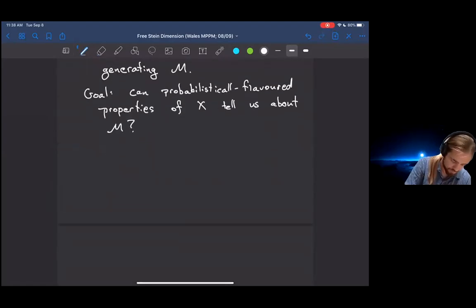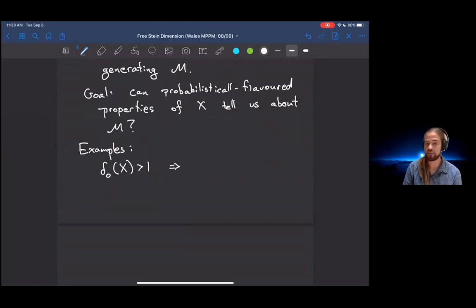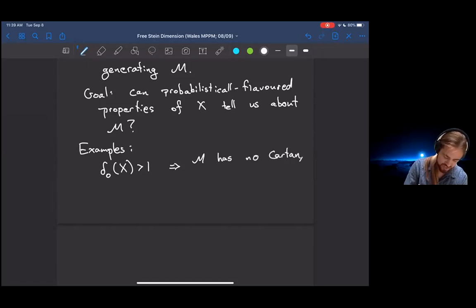And so, without telling you exactly what these mean, it's true that if the modified free entropy dimension of the tuple X is strictly larger than 1, then as a consequence, we learn a few things about M. So M will have no Cartan subalgebra. It will be non-gamma.